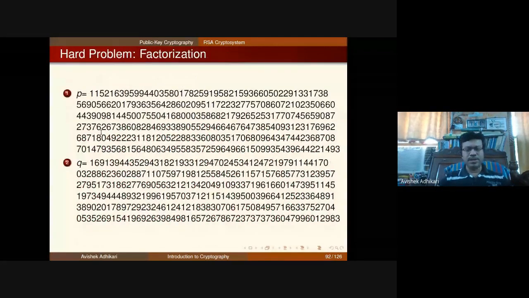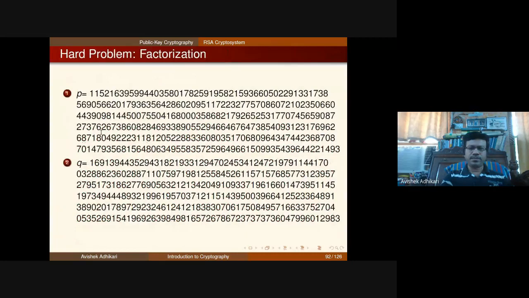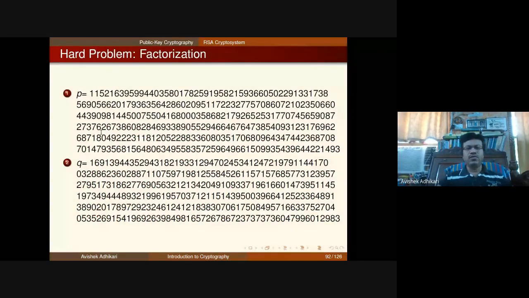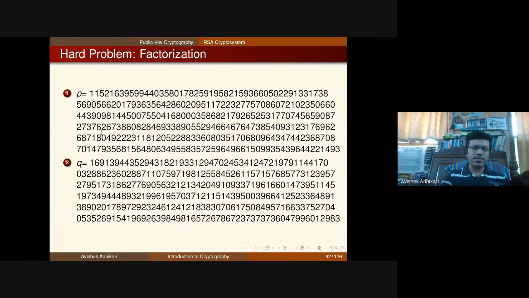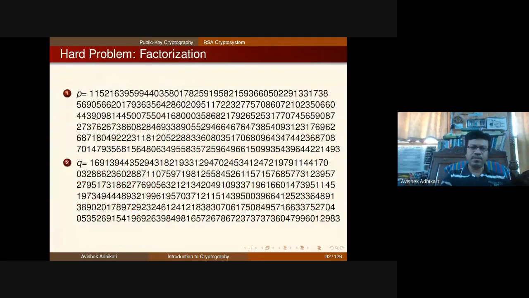No such algorithm is known in the literature of cryptography or number theory which can take you from n to p and q. But in quantum computation, there are efficient algorithms available which can give you the factors of this n very easily. But unfortunately, till now the quantum machines are not available.